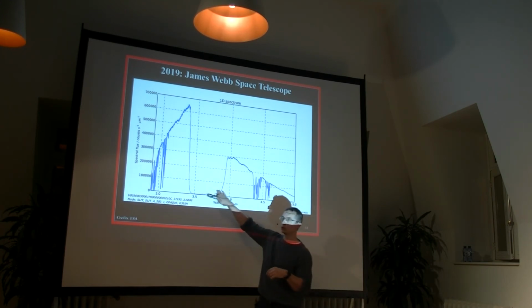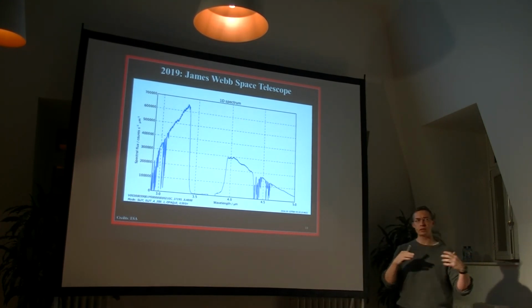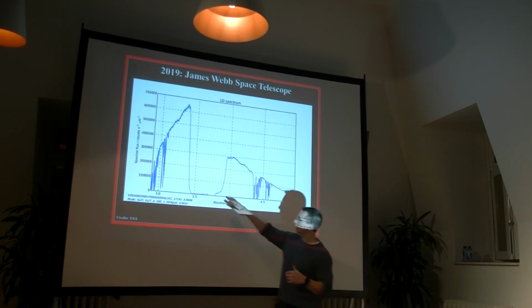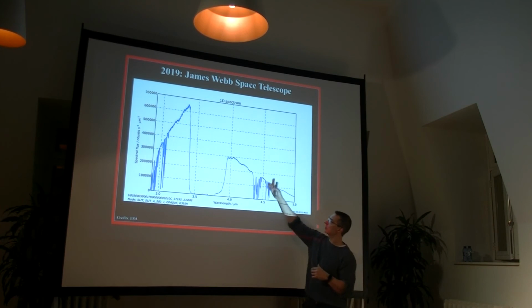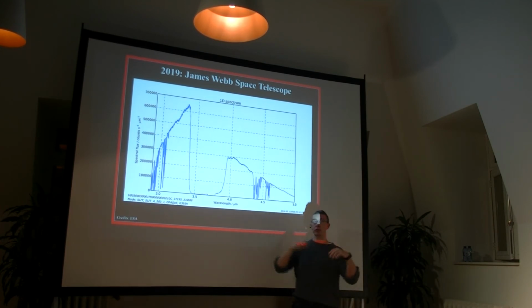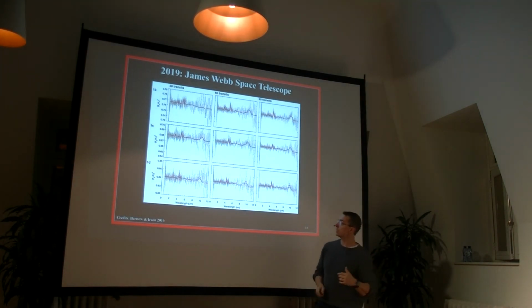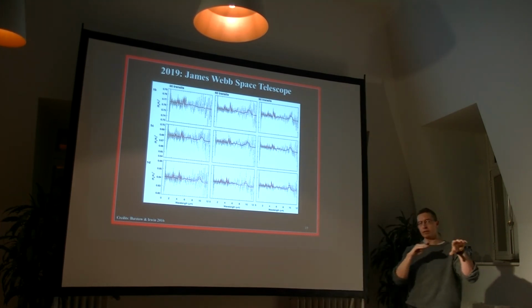This drop here is not real, it's just the response of the detector, which is null in this wavelength range. And what we are going to do is to measure the light curve for plenty of bins in wavelength, so the evolution of the brightness of the star. And what we are going to see is that the drop of brightness varies with wavelength.